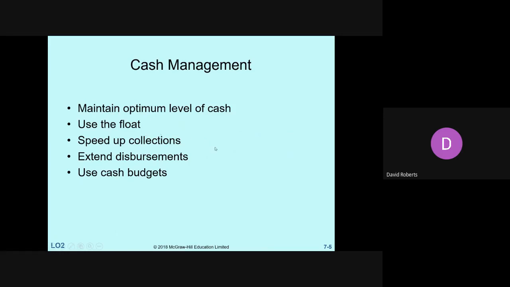Float is the difference between when you pay something and when it comes out of your bank account. So when checks are issued, which is one of the main reasons a lot of companies still use checks, it's done for a couple of reasons, but let's say that they issue the check and mail it out on Friday.